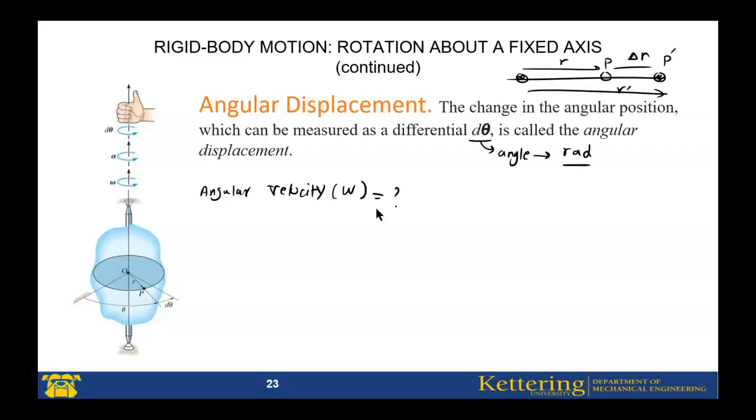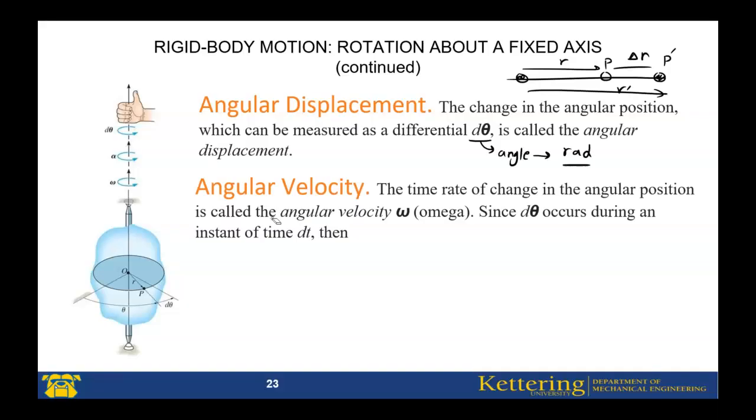Yes, the derivative of theta with respect to time. Exactly. The angular velocity is called omega, and since d theta is the change with respect to time, omega is equal to the derivative of theta with respect to time.